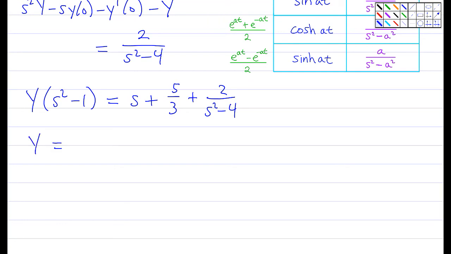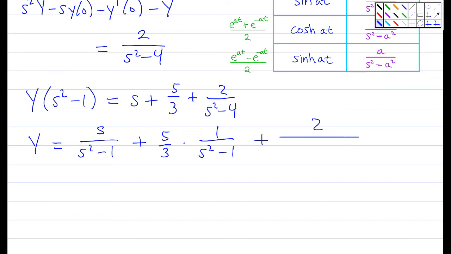But I've got my equation for big Y: s over s squared minus 1, plus 5/3 times 1 over s squared minus 1, plus 2, and this is a big fraction, 2 all over s squared minus 1 times s squared minus 4. Okay.